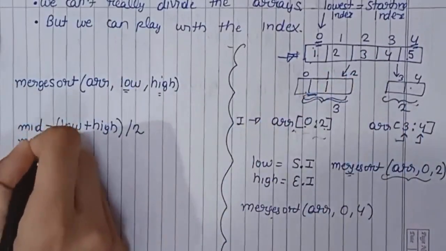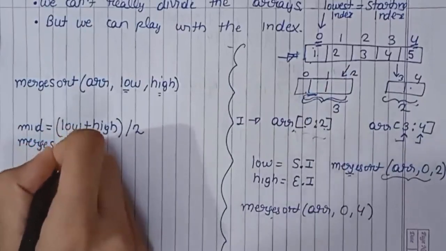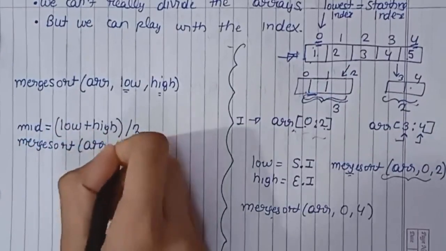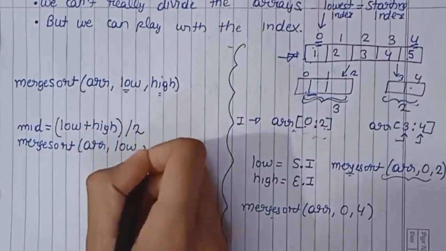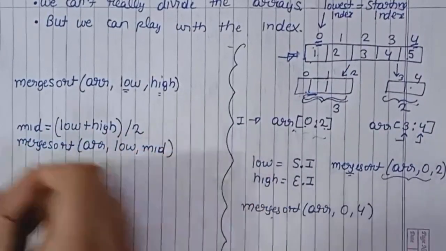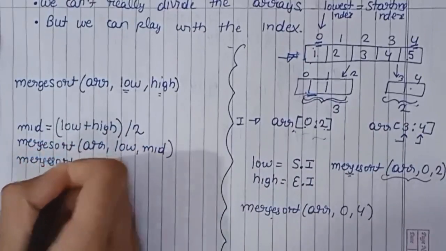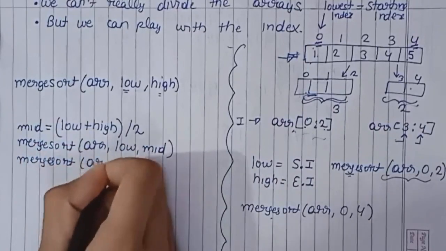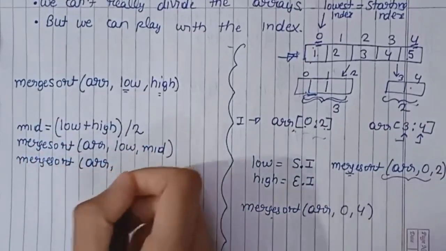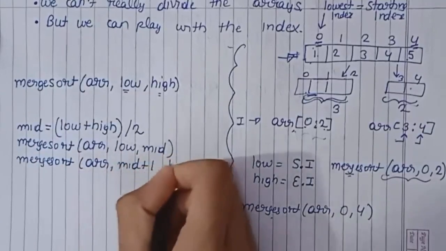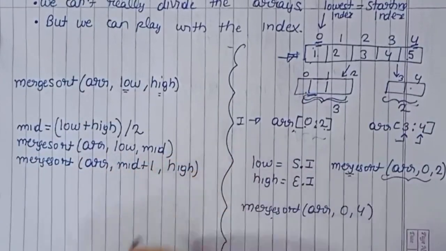Here again merge sort array low mid, and then I call this same function merge sort with the parameters array, mid plus 1 and high.